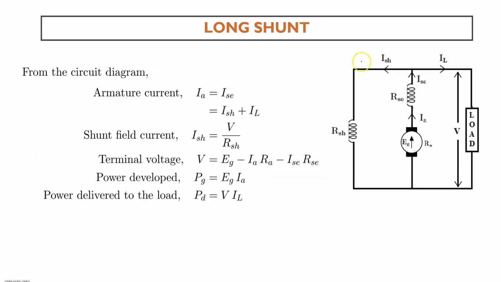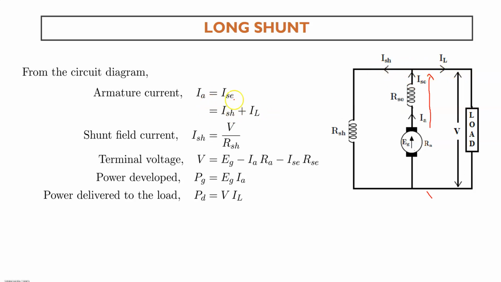Here, as you know, this is the armature current. The same current is flowing through the series field winding. Look at this: there is no node or connection in between, so the same current flows through the series field winding. So Ia is equal to Isc, and when the current reaches this junction, it splits into two, Ish and IL.